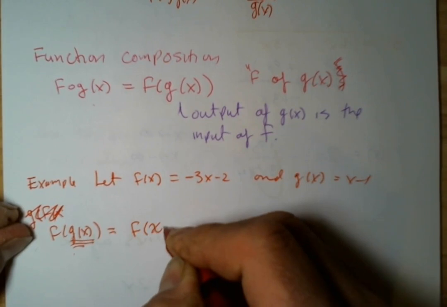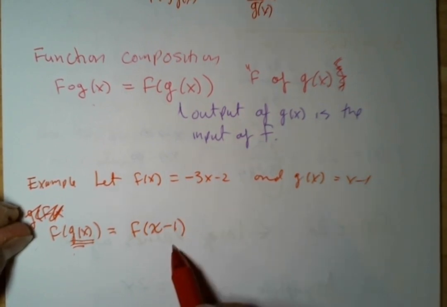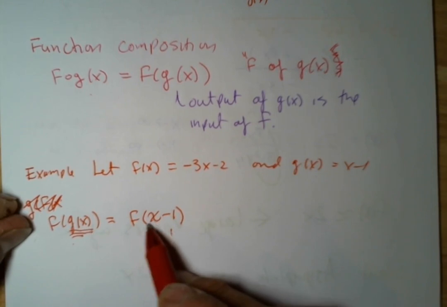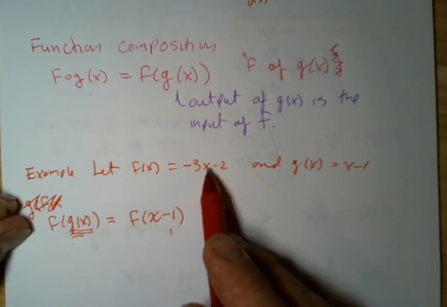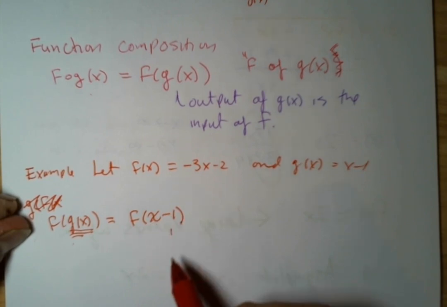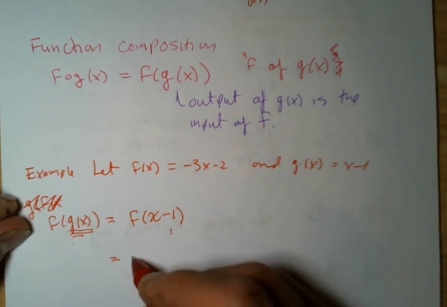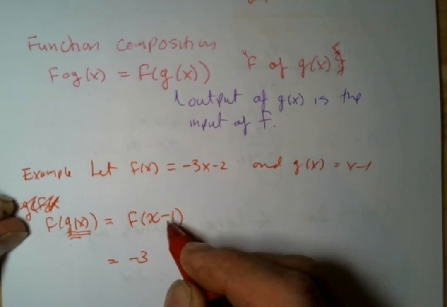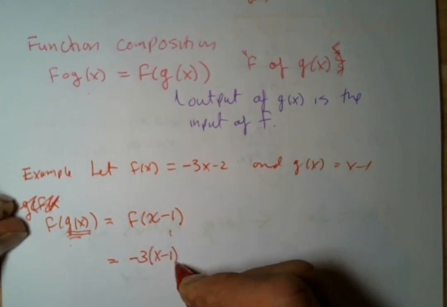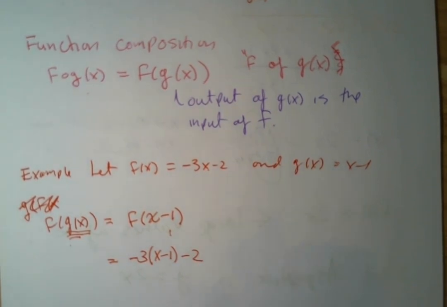So we have f of x minus 1. Now for the input of f, wherever I see an x, I'm going to replace it by x minus 1. So here I'll have negative 3, and in place of x, this whole expression goes in there.